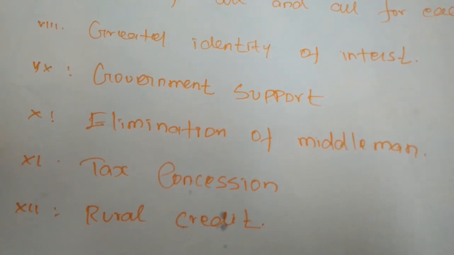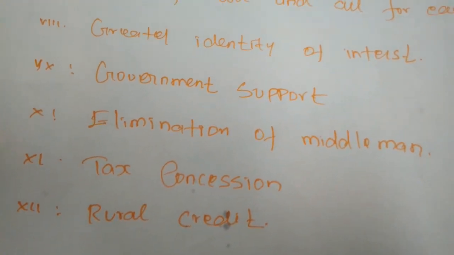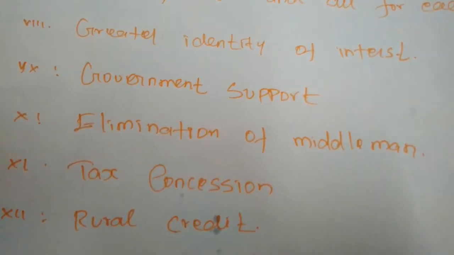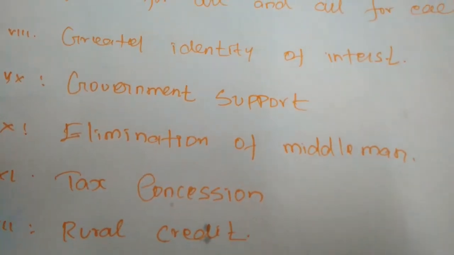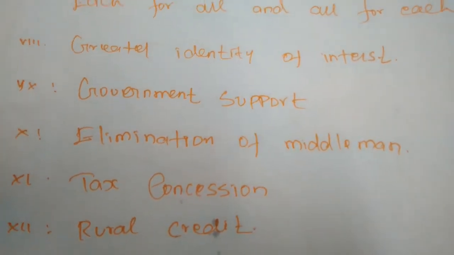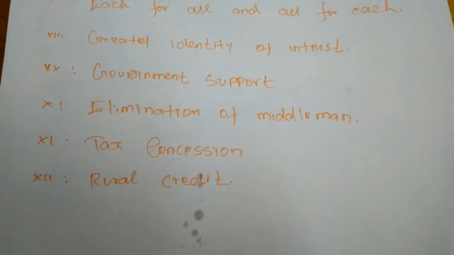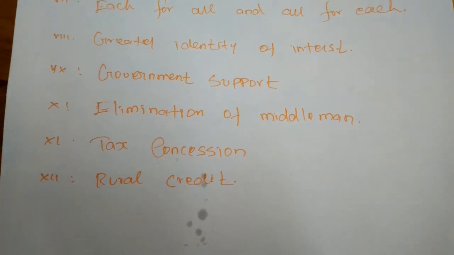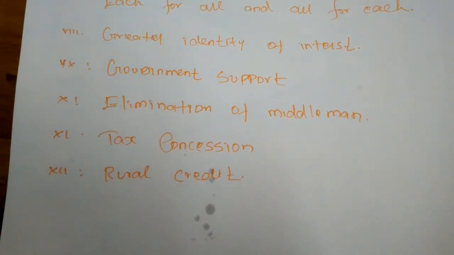But here cooperative societies can deal directly with the producers and the ultimate consumers. So there is no need for a middleman, and in the absence of a middleman, the price of commodities will always be reasonable.